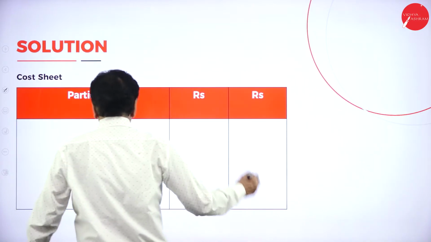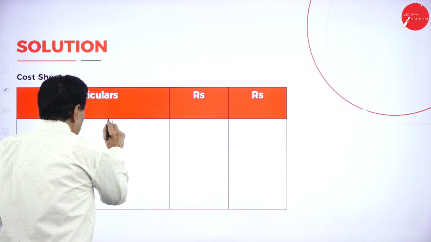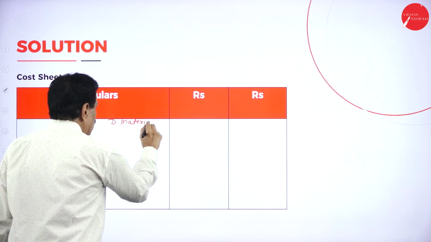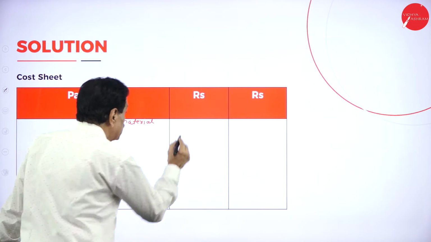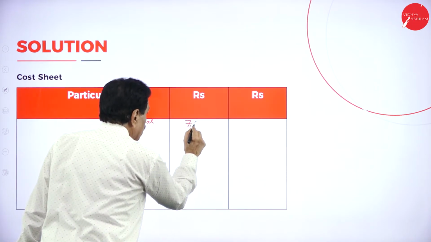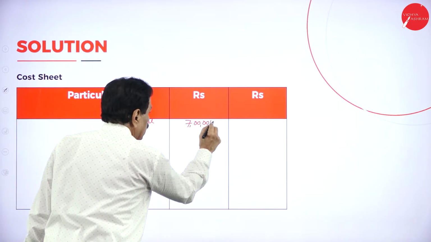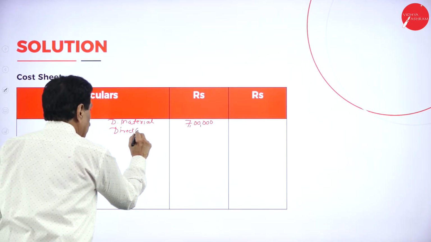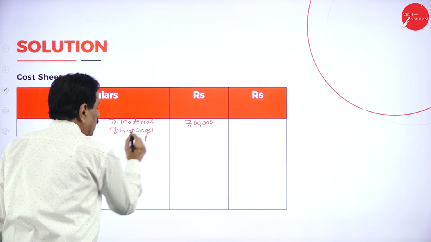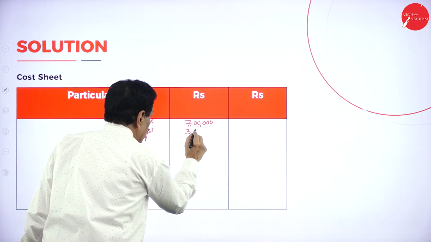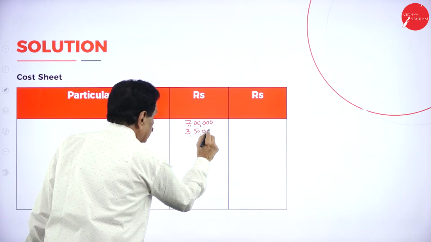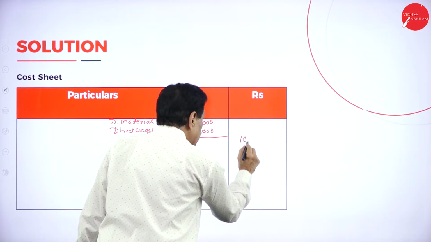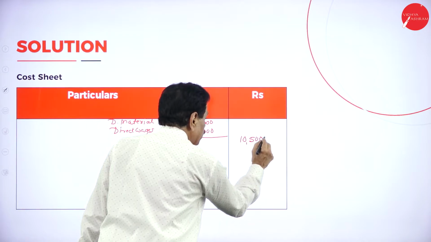So we start. Direct material 7 lakh. Direct wages 3,50,000. If I add now, it is 10,50,000.